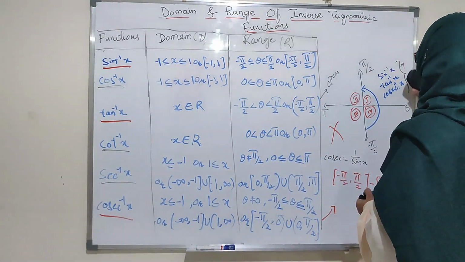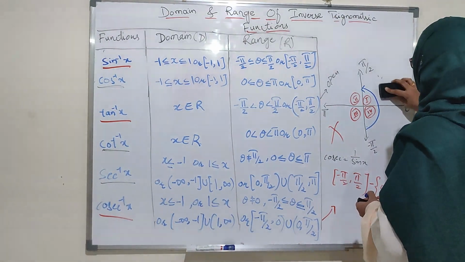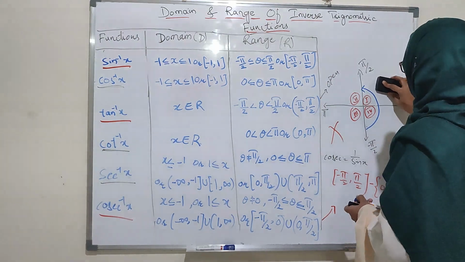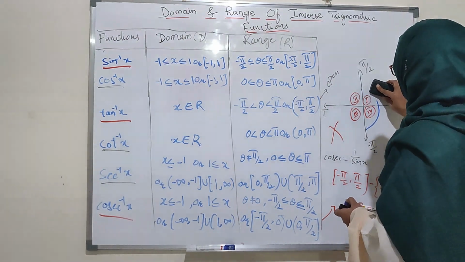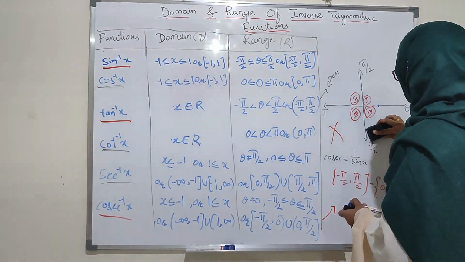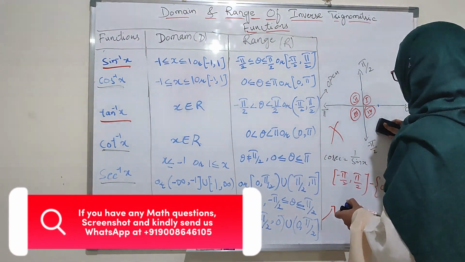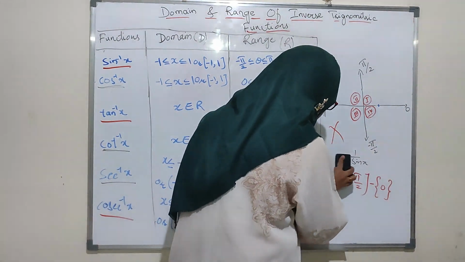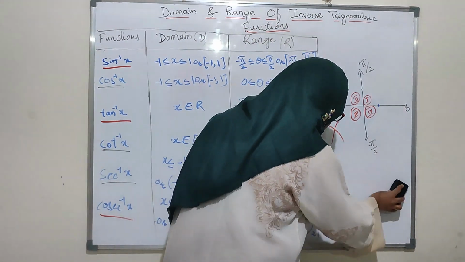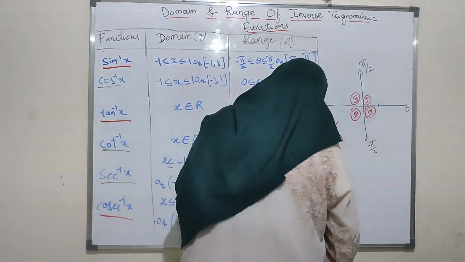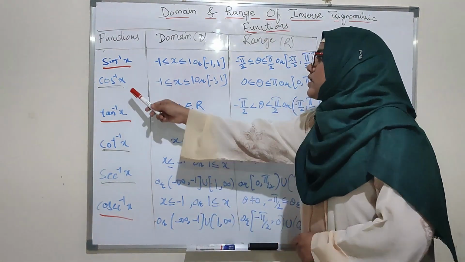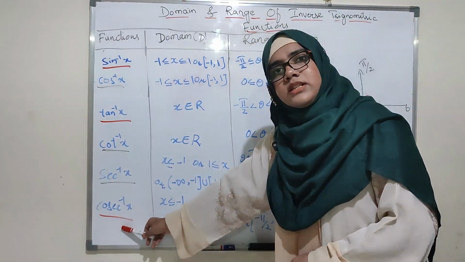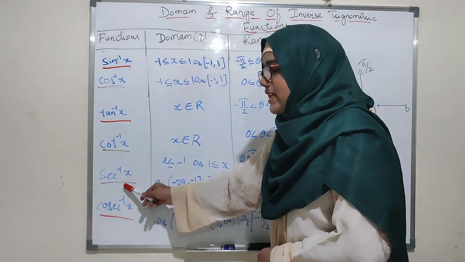For the remaining three, we have to make another group: cos inverse, cot inverse, and sec inverse.